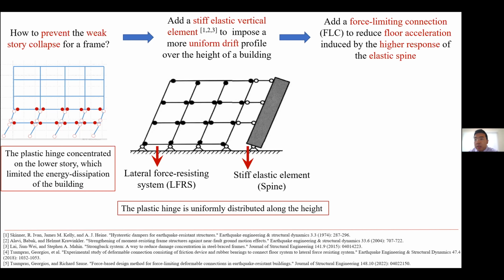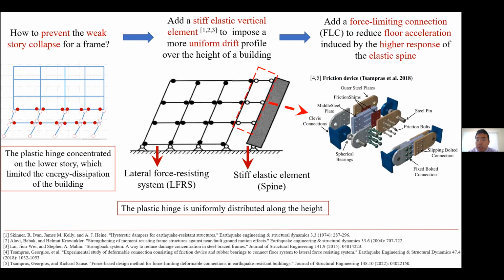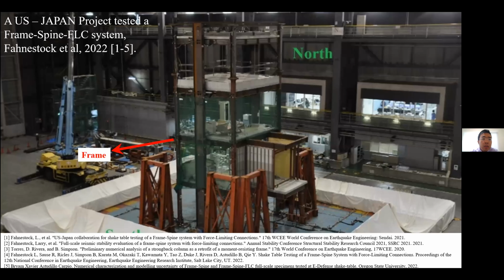So some professors propose to use a force limited connection, called FLC, to reduce floor acceleration, such as a friction device. And the FLC typically is between the frame and the span. Recently, a US-Japan project conducted a shake table test at E-Defense.